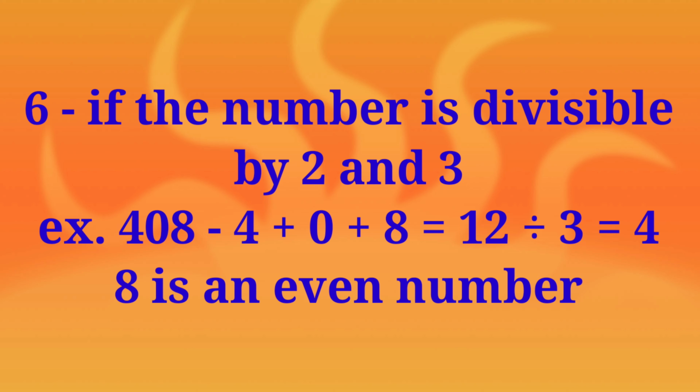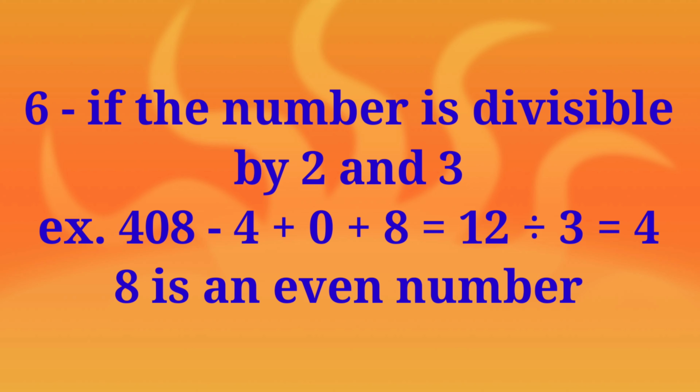Okay? And when is a number divisible by 3? If you add the digits and the sum of it can be divided by 3, therefore this number is divisible by 3. So take a look at the example that I have there. 408. It ends in 8.